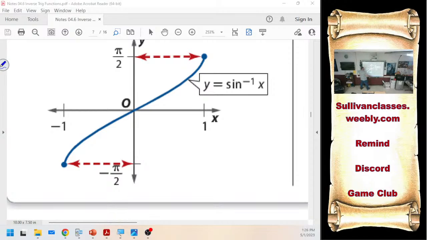What if I said that? Is that in the A, B, H, or K spot? It's in the K spot. That's vertical translation. Where it gets weird, isn't my vertical axis in terms of pi? So how do I add 4 to it?